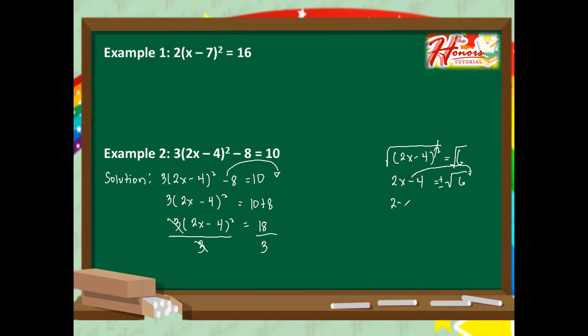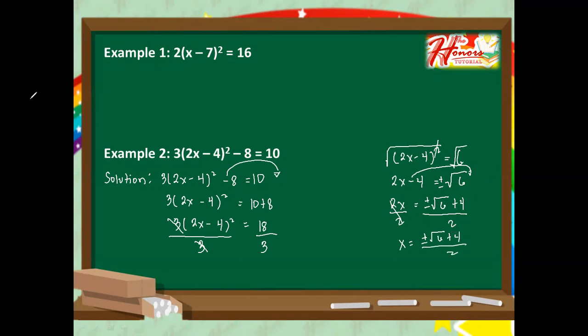Then it will become 2x equals positive negative square root of 6 plus 4. As you can see, you have here 2 beside x. Let's eliminate this also. So now you have here x equals positive negative square root of 6 plus 4 over 2.